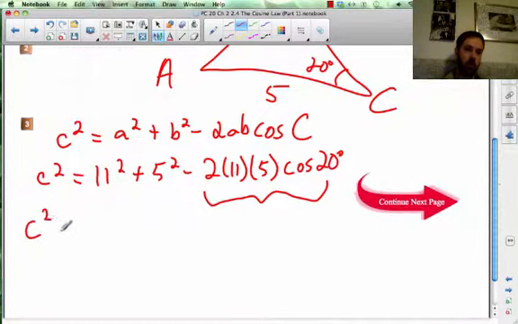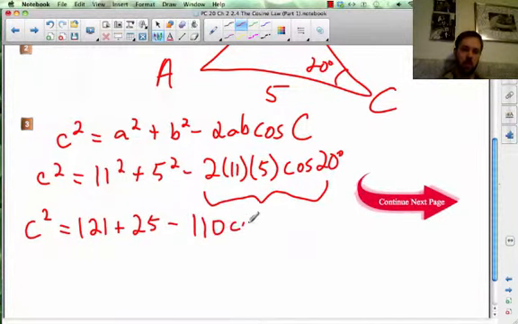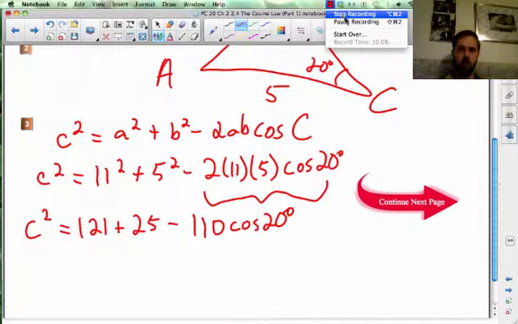So here we go, c squared equals 11 squared is 121, plus 5 squared is 25, minus 2 times 11 times 5. 11 times 5 is 55, times 2 is 110, cos 20, and that is something I will not be able to do in my head, so I'm going to have to go use a Google calculator.